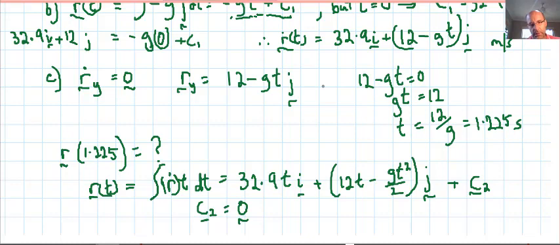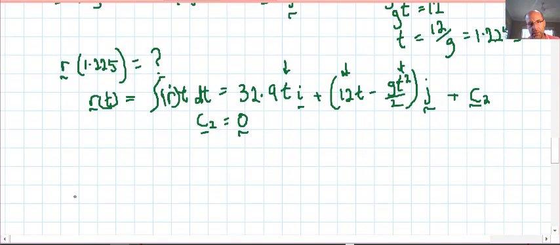At time equals 0, we substitute in t equals 0 for all these terms, and they'll all be knocked out as 0 because they all contain some sort of t parameter in them. So that means this constant C2 also equals 0, just like we've done previously. And so that means therefore r of t is indeed that function with a constant of 0 on it.